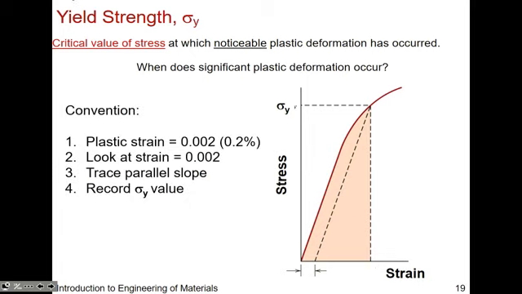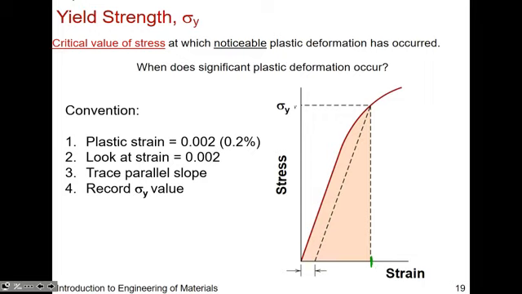Okay. And just to review what I went through pretty quickly towards the end of last lecture, when we talk about the strength of a material, we're talking about the yield strength. And that's where we define the point beyond which is plastic deformation, below which is elastic deformation.